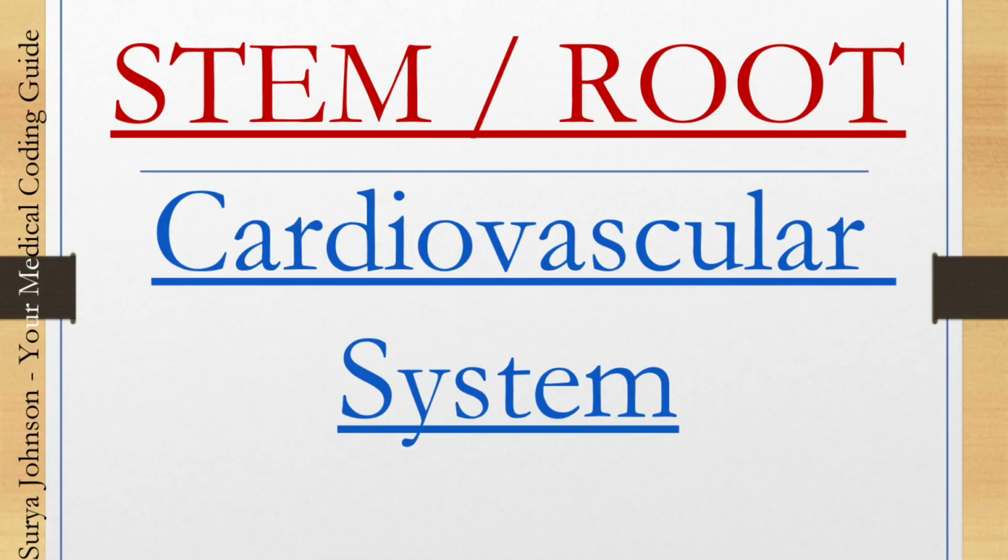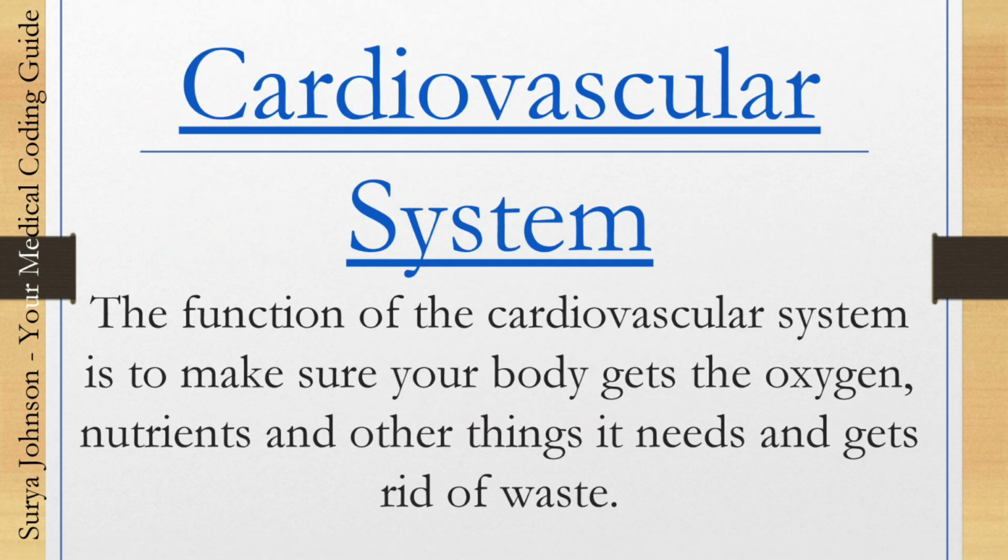Next, we will move on to the stem or root words pertaining to the cardiovascular system. The function of the cardiovascular system is to make sure your body gets the oxygen, nutrients and other things it needs and gets rid of waste.